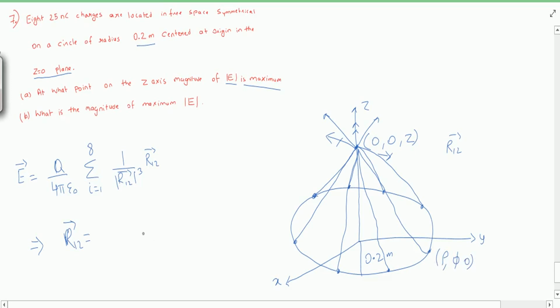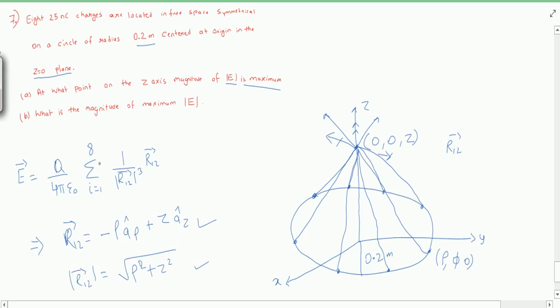So r12 will be minus rho a rho cap plus z a z cap, and the magnitude will be under root of rho square plus z square. For all of the charges this value will be the same.